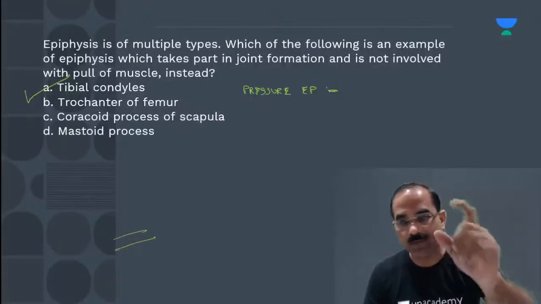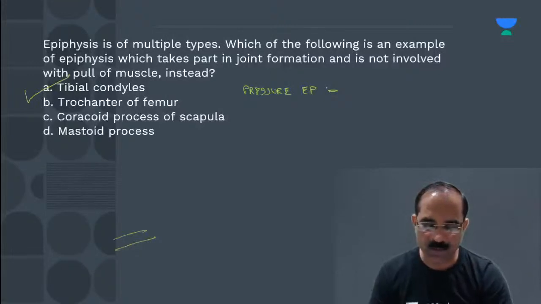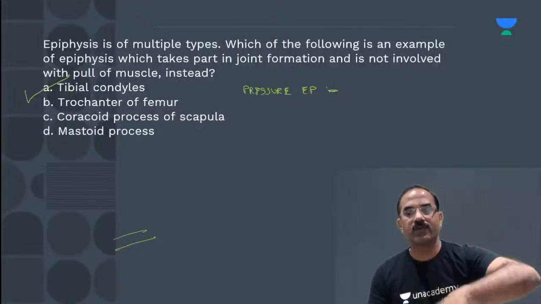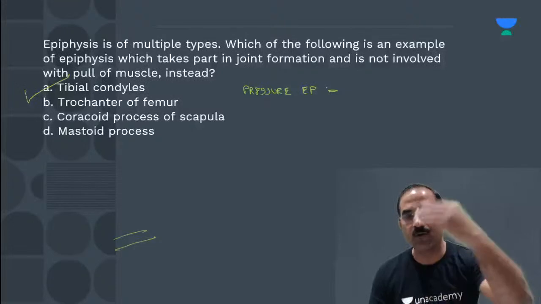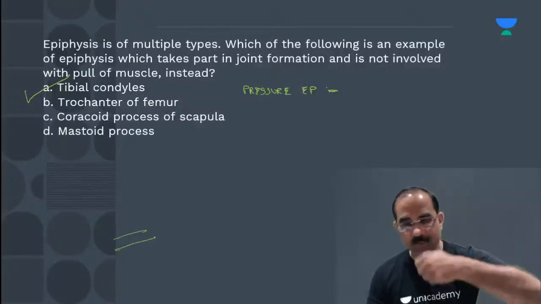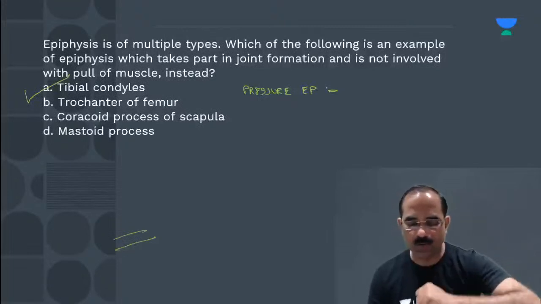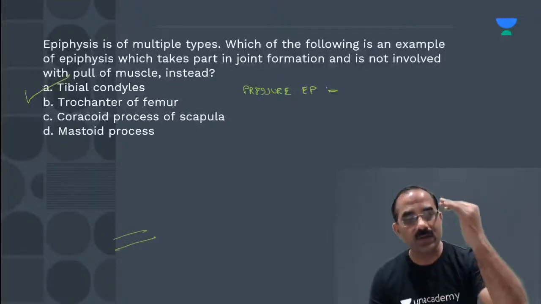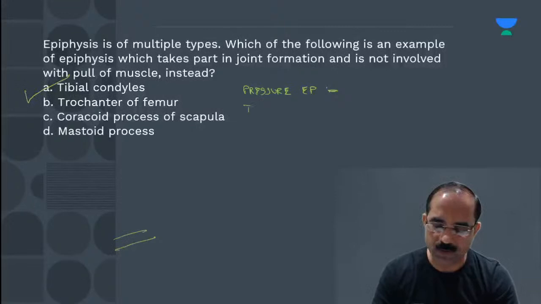Examples are the head of the femur, the condyles of tibia, the condyles of femur. Epiphysis which is formed due to pull of the muscles is known as traction epiphysis.